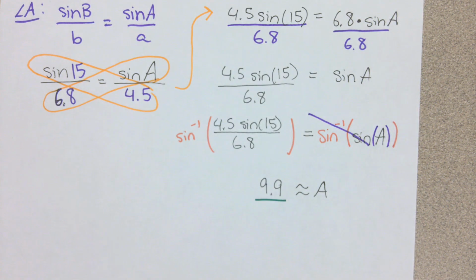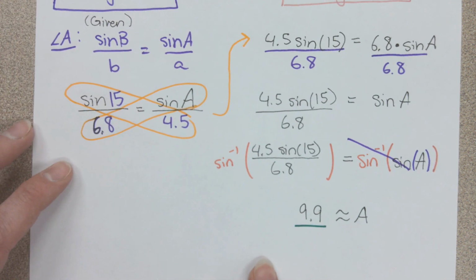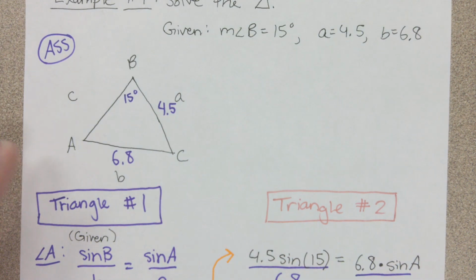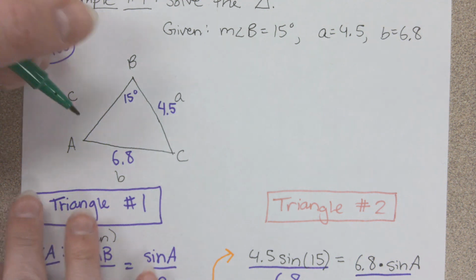It's inverse sine of A. So like that function, they directly cancel each other out, leaving just the A on the inside. All right, so we got 9.9 for angle A.